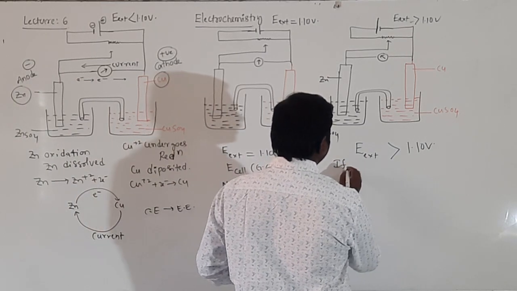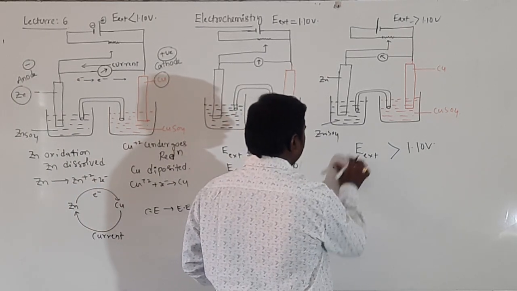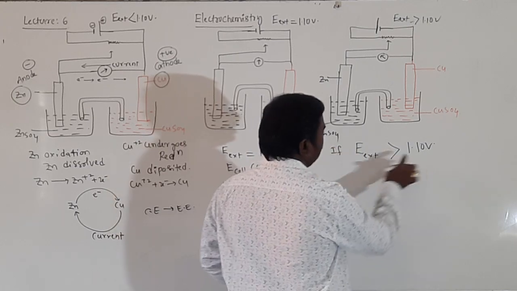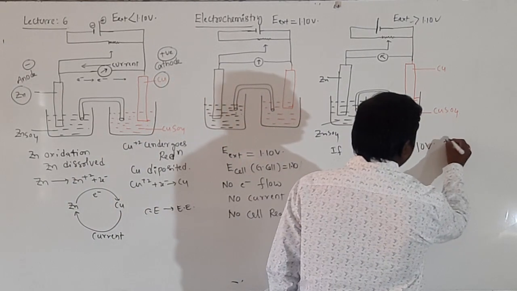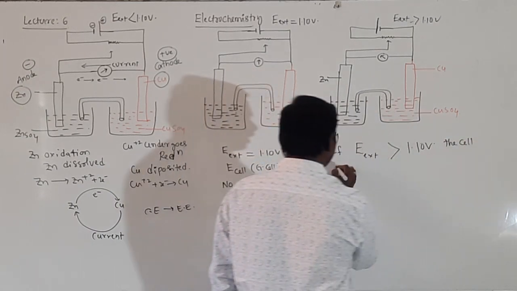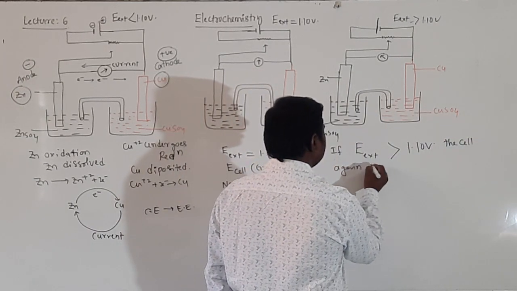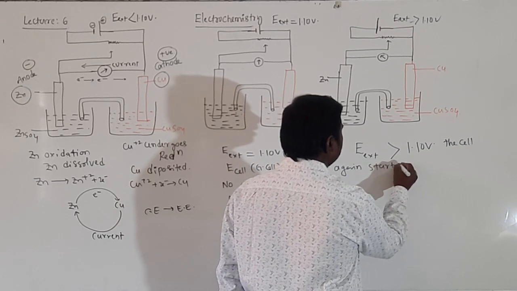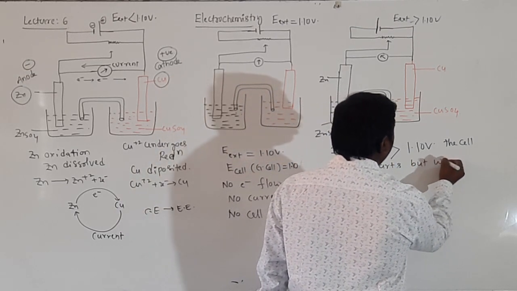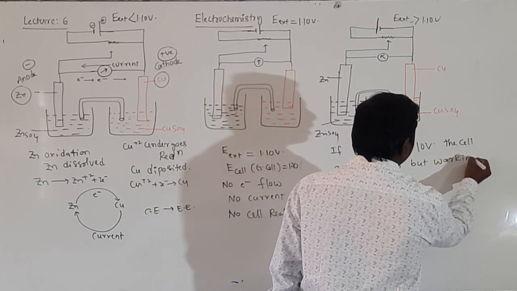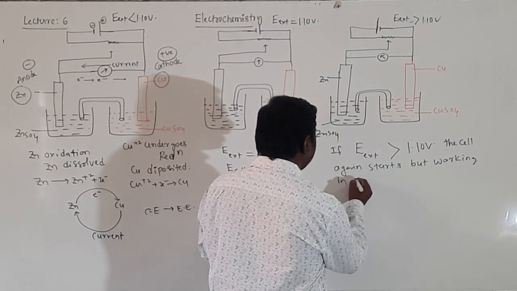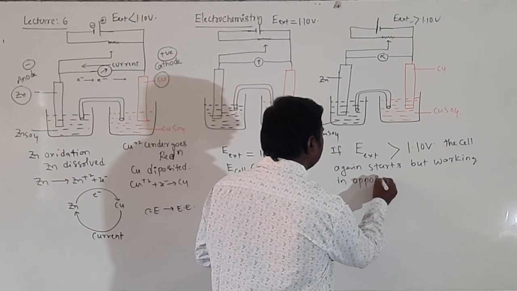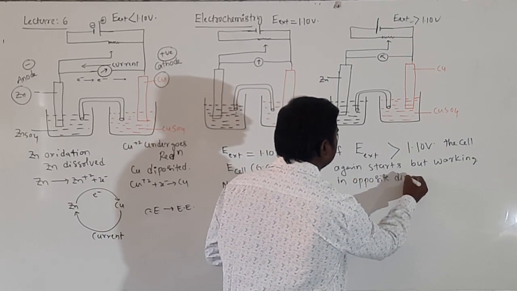If E external is greater than 1.10, the cell again starts working in the opposite direction.